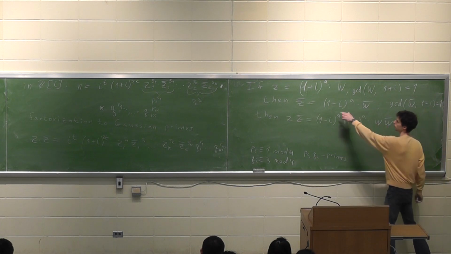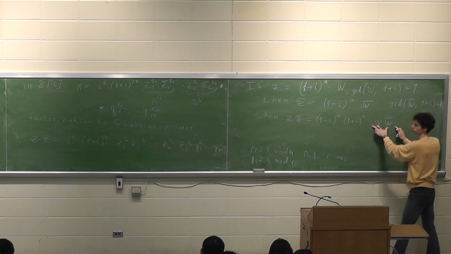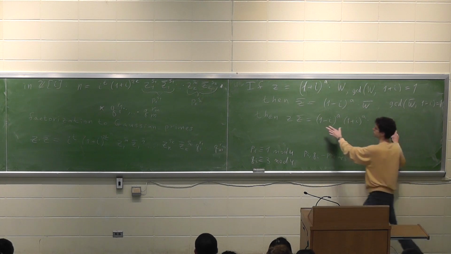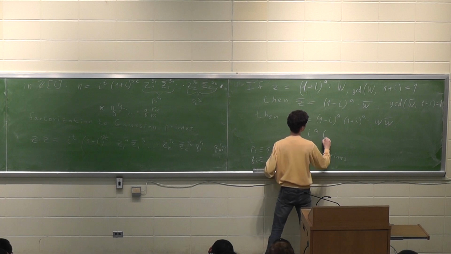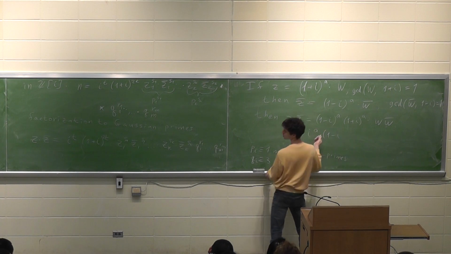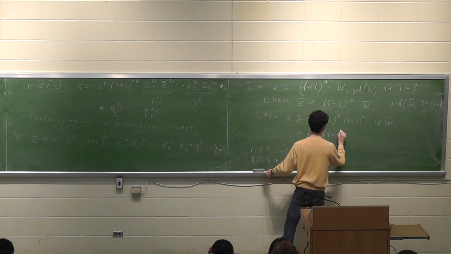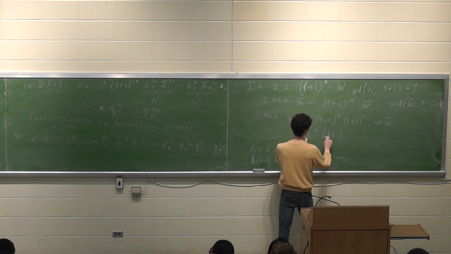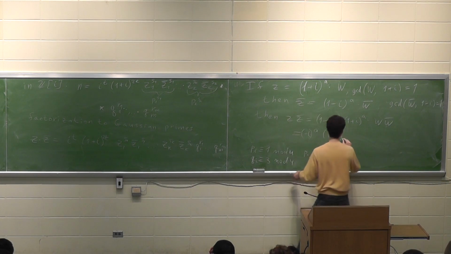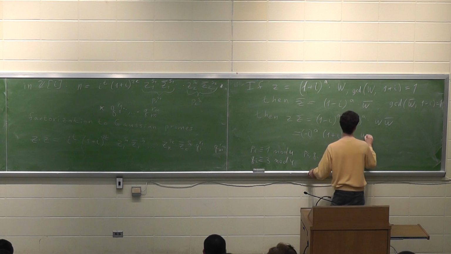So the prime number 1 plus i does not appear in the factorization of this thing. So I can write it as (1 plus i)^a times (1 minus i)^a.